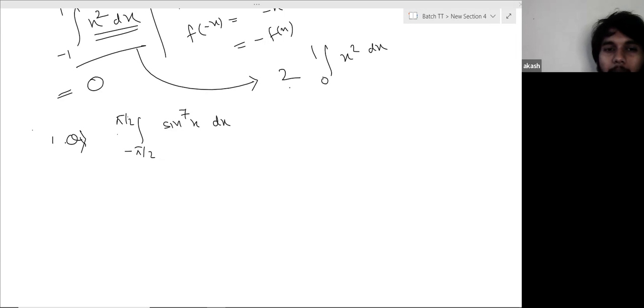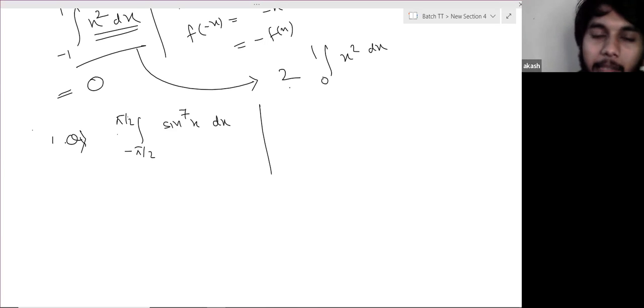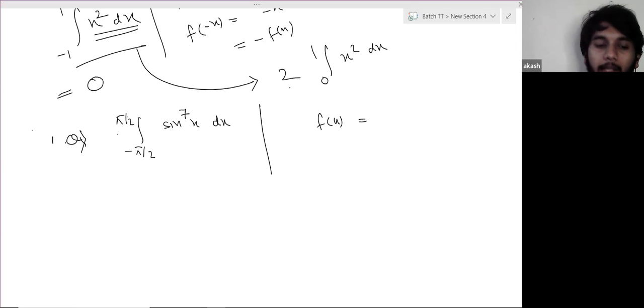Right, if you do not know how to use this property, then please ask me where you are struggling. Right, this is free 1 mark. You only have to check if the function is even or odd. So as soon as you see this minus pi by 2 to pi by 2, check if the function is even or odd.